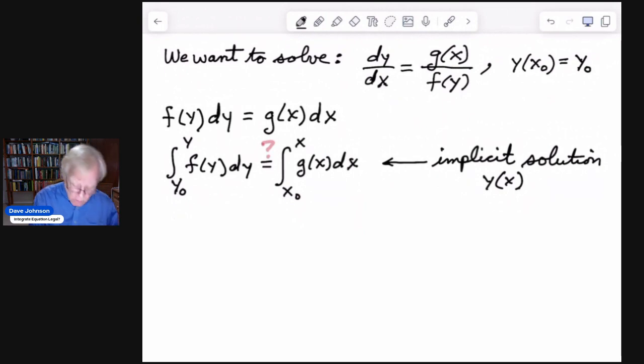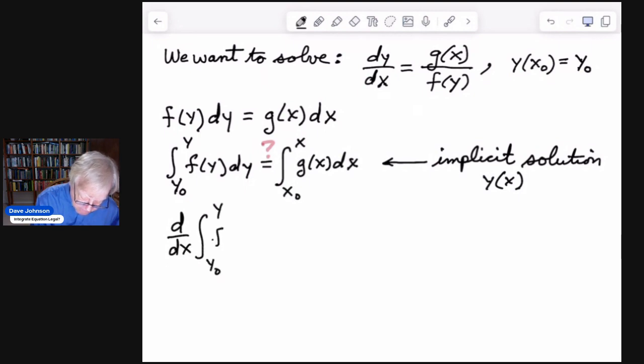Okay. Well, so I said what we're going to do is we're going to differentiate both sides with respect to x. So let's go ahead and write that. So d by dx of the integral from y naught to y of f of y dy is equal to d by dx of the integral from x naught to x of g of x dx.